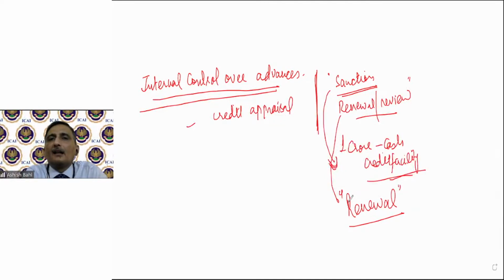Although the branch has some database, an understanding of the company, and information about the conduct of account of the company, it would carry out a renewal because working capital credit facilities, as I have told you, are granted for a period of 12 months. So before the next due date on which they are to expire, a renewal process is carried out.